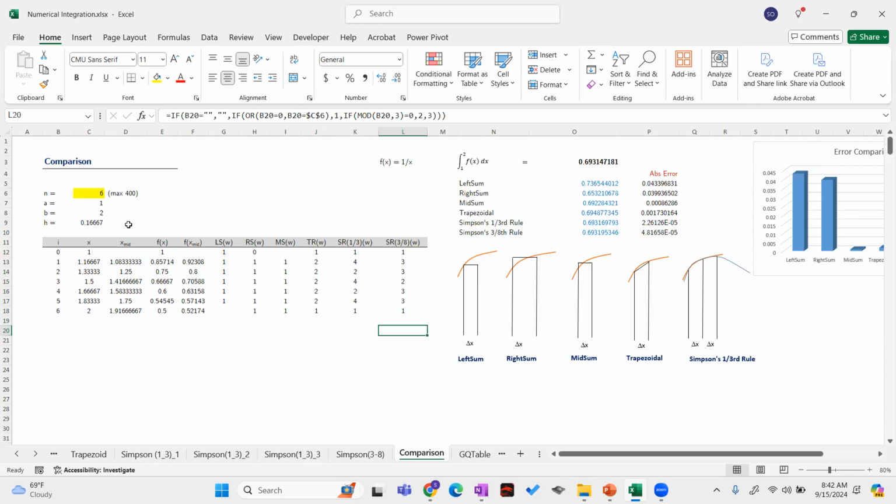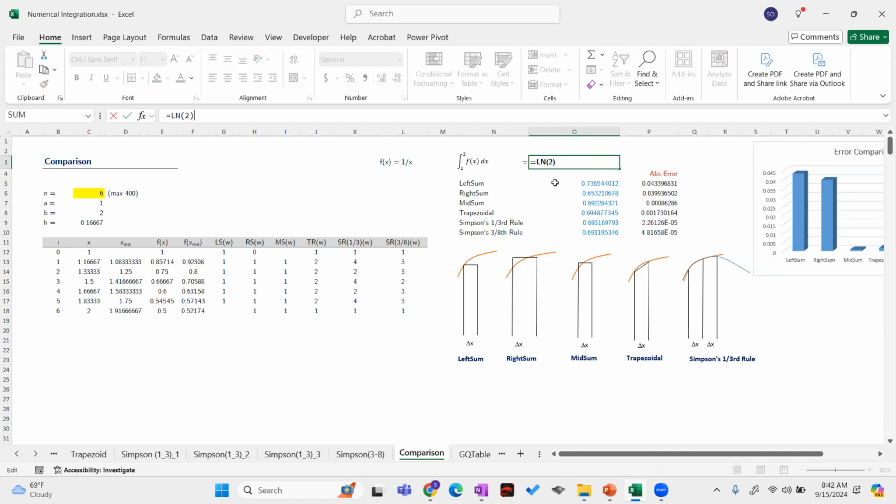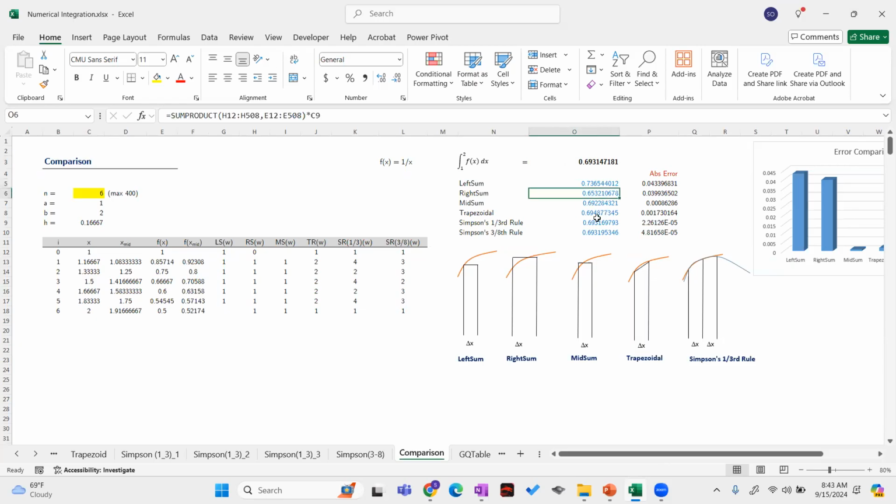And using this, I got the results here. The exact value is 0.6931. This is log 2. Log 2 is 0.693147, whatever. Left sum, right sum are the most inaccurate schemes because the convergence is h square. Mid sum, very accurate. It's better than trapezoidal.